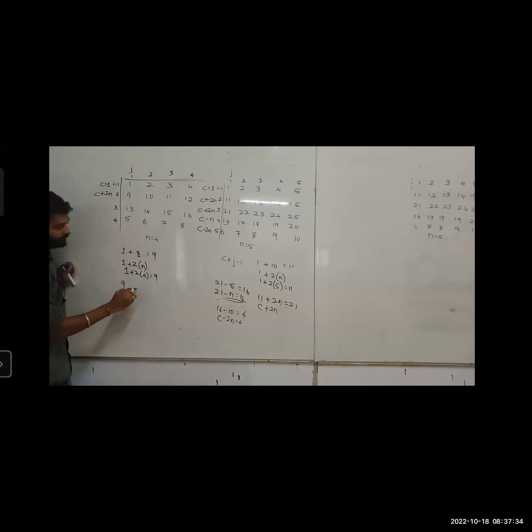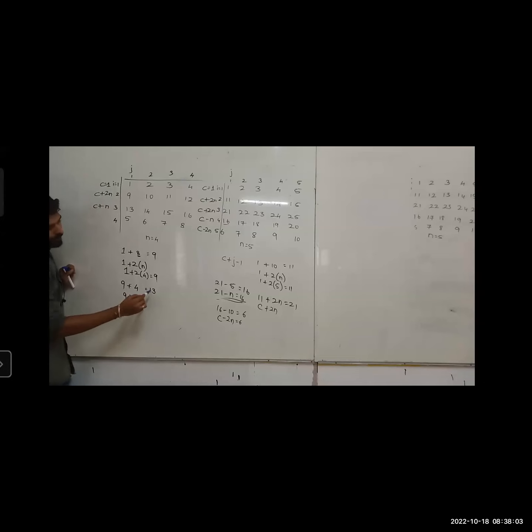I want to get 4 from C, which is 9. 4 is nothing but C minus n.